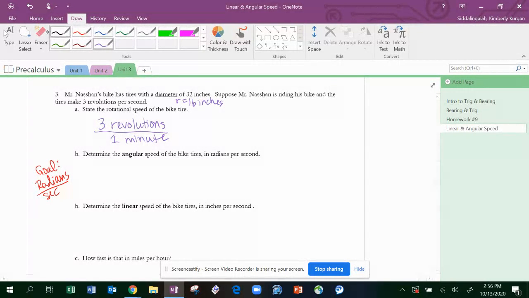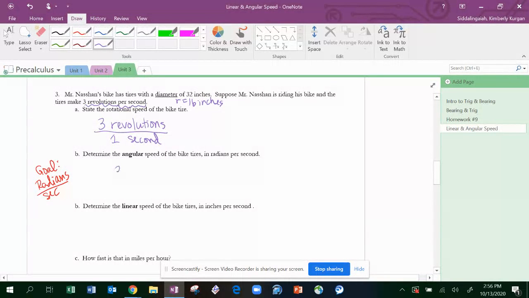Did I do that wrong? I did. I did not read this properly. This should be seconds. Okay, so phew, we don't have to worry about converting between seconds and minutes. Not that that's terribly hard, but it's just something else to do.